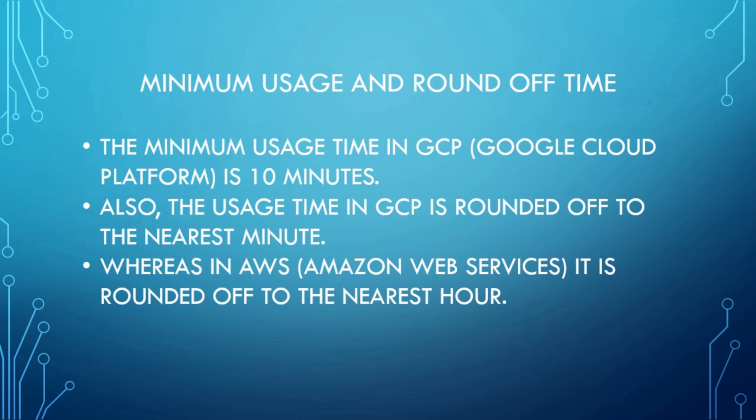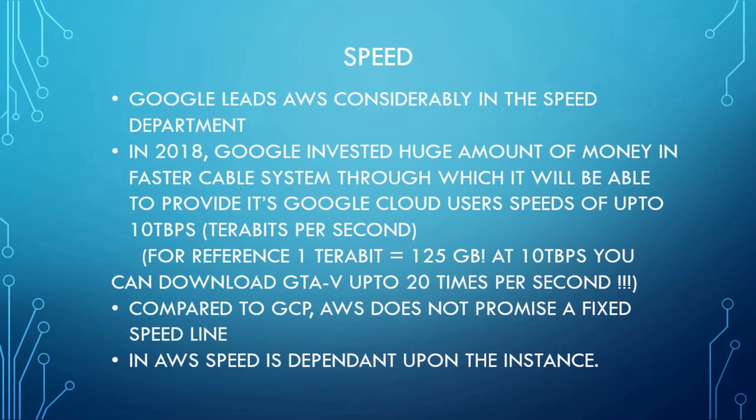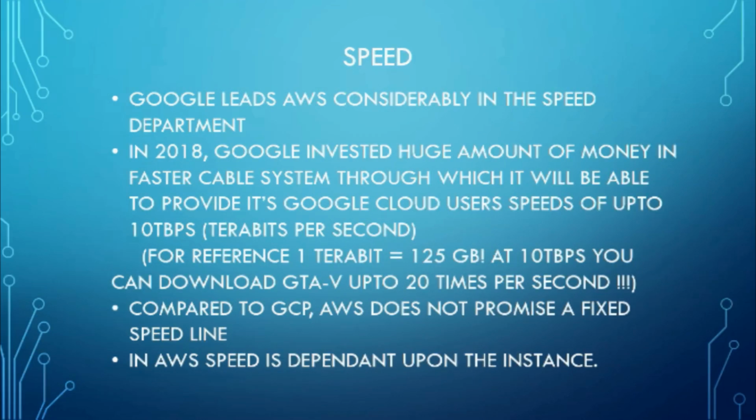Speed. Google leads AWS considerably in the speed department. In 2018, Google invested a huge amount of money in a faster cable system through which it will be able to provide its cloud users speeds of up to 10 Tbps, that is 10 terabytes per second. That is 1250 GB per second.